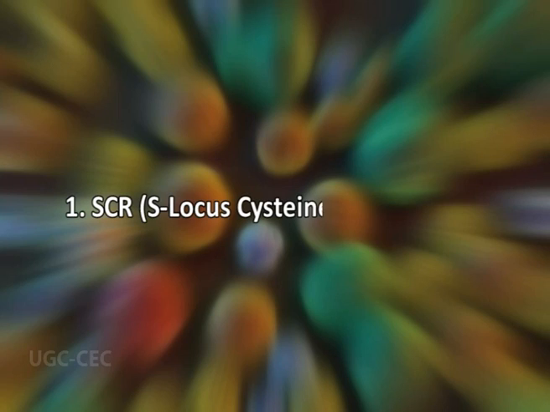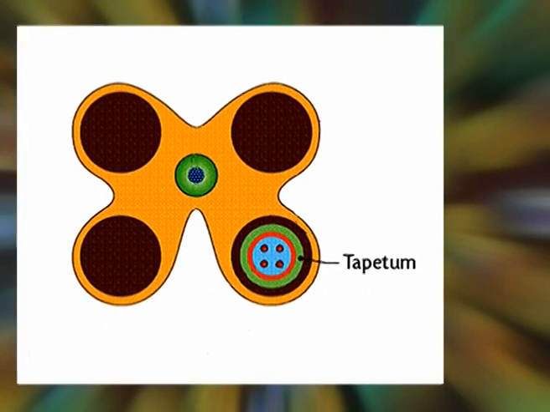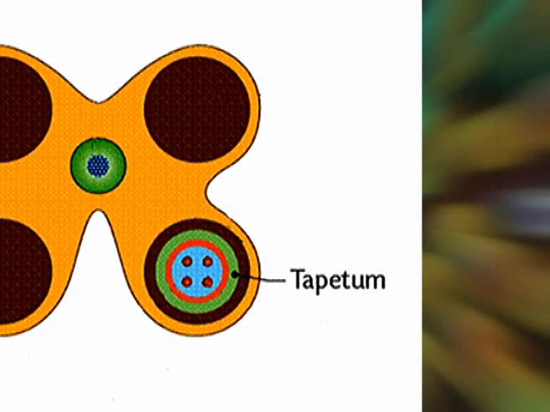The rejection of the pollens is under the control of the S-locus, which is a cluster of 3 loci. Number 1, SCR, S-locus cysteine-rich protein, is a male determinant expressed in anther tapetum as well as in microspores and pollens.